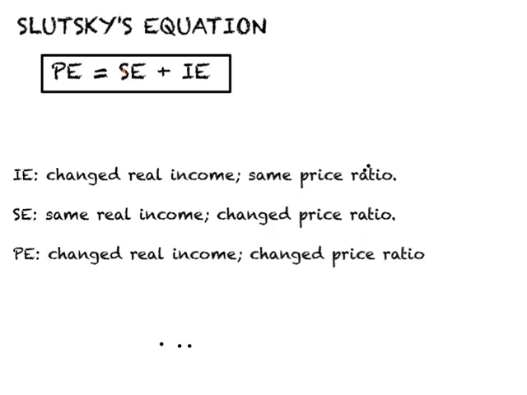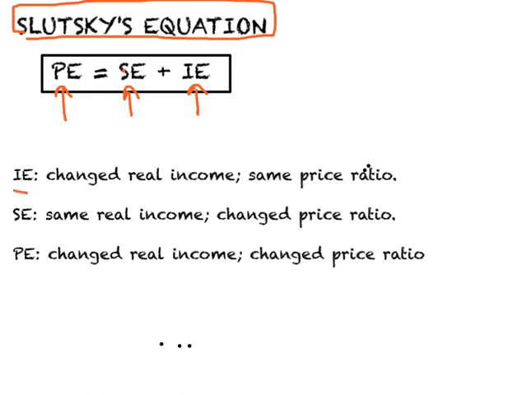What we have seen in the previous slide is the famous Slutsky's equation. And the Slutsky equation tells us price effect equals the sum of substitution and income effect. And this should make intuitive sense. Why?